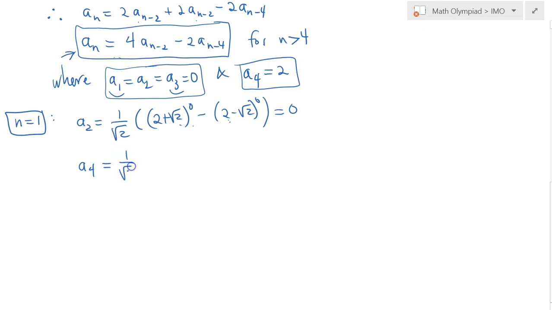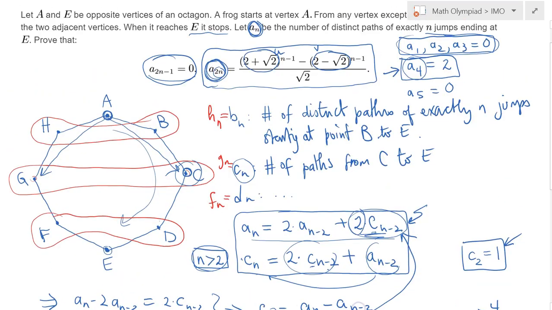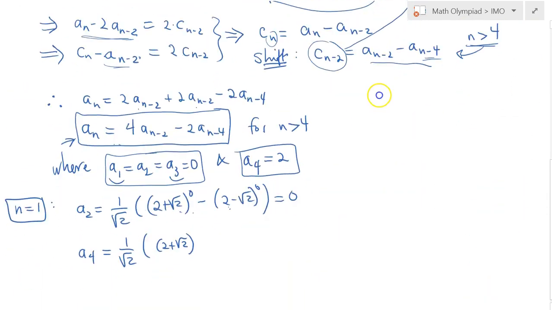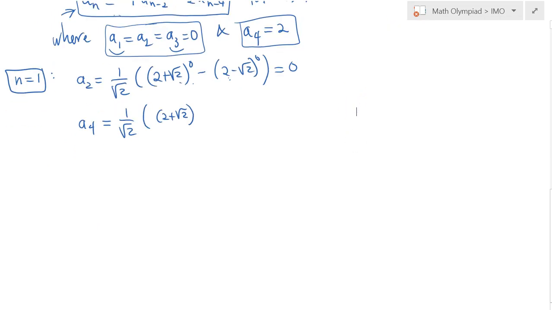How about a4? That's 1 over root 2. Okay, let's be careful again. 2 plus root 2 raised to the power, because 4 is 2 times 2, remember our formula was 2n, right? So it's 2 times 2. So therefore the power would be 2 minus 1, n minus 1, remember the formula.